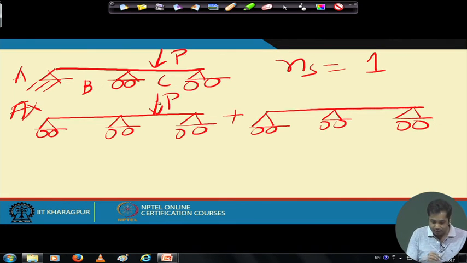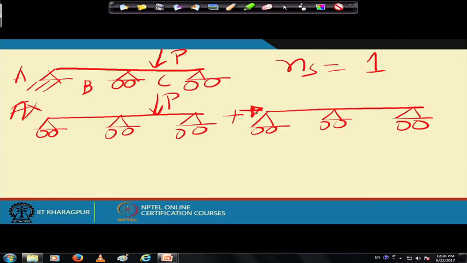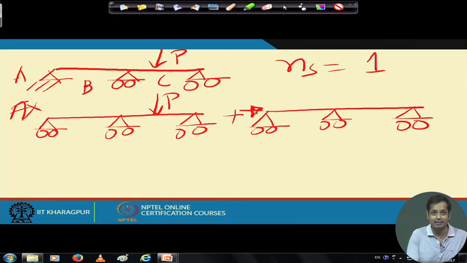Then you have to solve this, and apply the principle of superposition and compatibility equation.